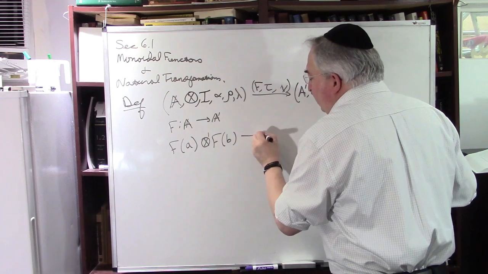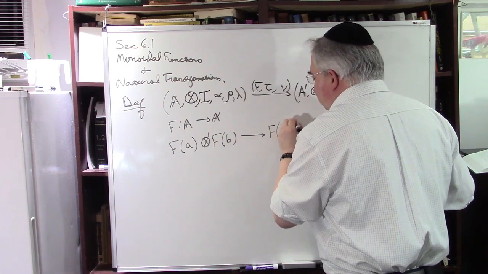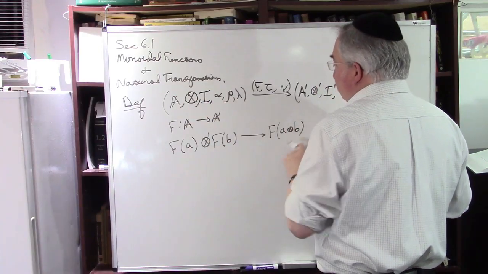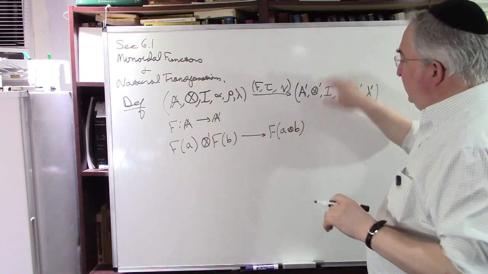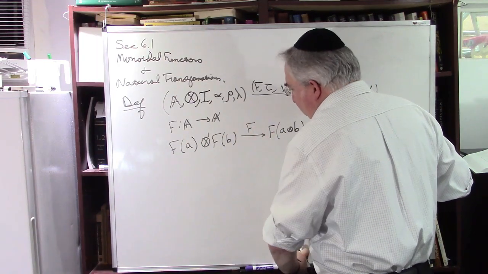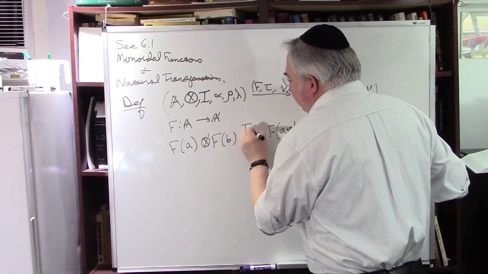But another thing you can do is f of A tensor B. A tensor B is in here, and f of that is in here. This morphism is in this category, and we call this morphism tau of A comma B.